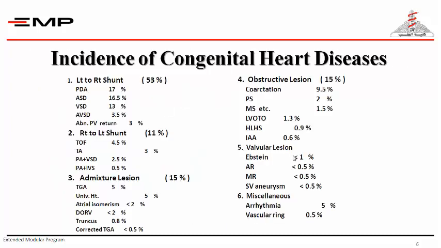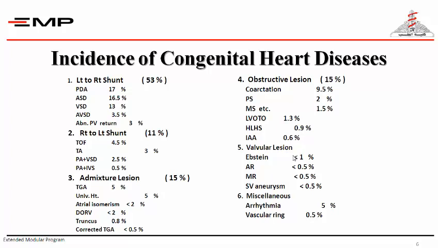Regarding the incidence of congenital heart diseases, the main group is the left to right shunt, about 53%: PDA and ASD, VSD, atrial septal defect, ventricular septal defect, or atrioventricular septal defect. The right to left shunt is 11%: tetralogy of Fallot, tricuspid atresia, pulmonary atresia, either with intact ventricular septum or with a ventricular septal defect. The third group is the mixture lesions, as transposition of great arteries, or univentricular heart, or double outlet right ventricle with truncus.